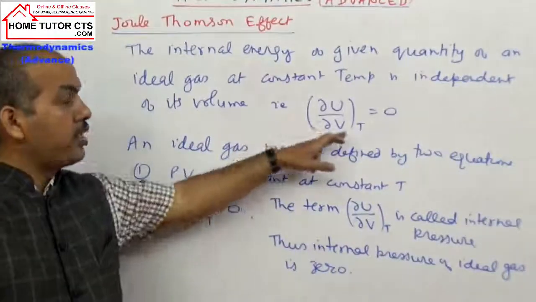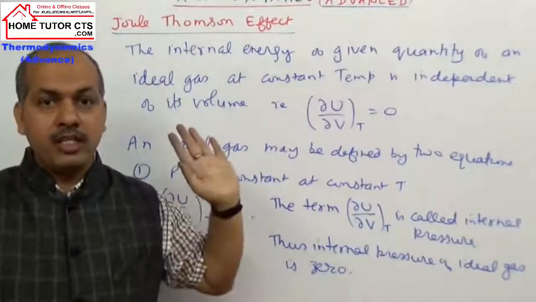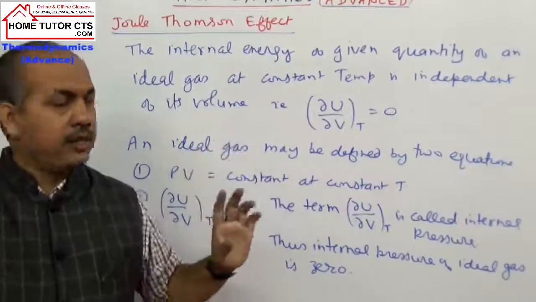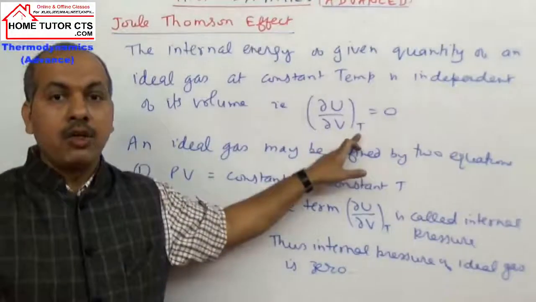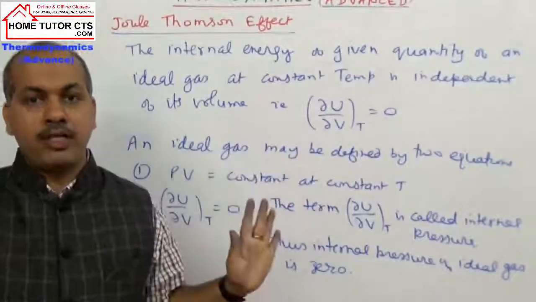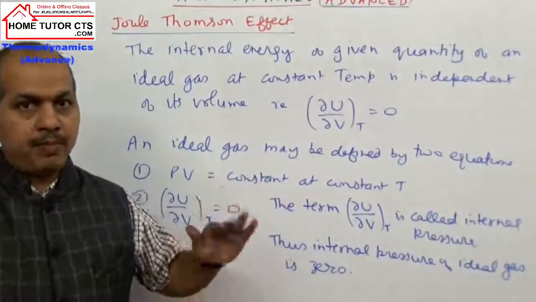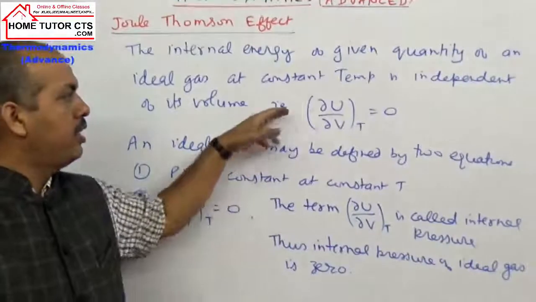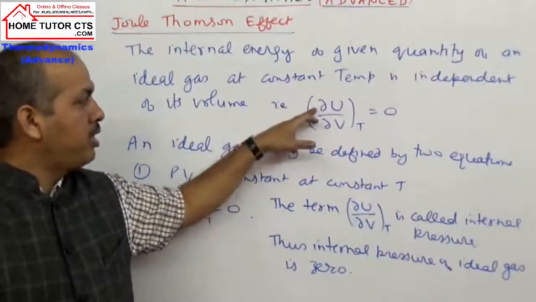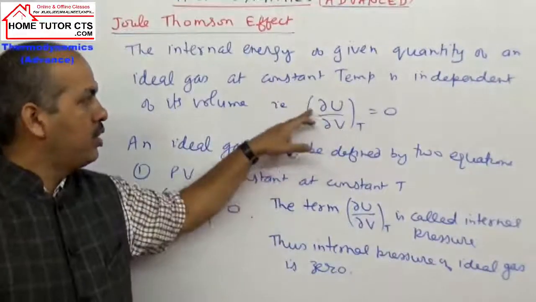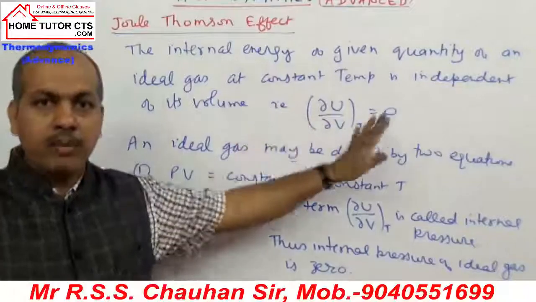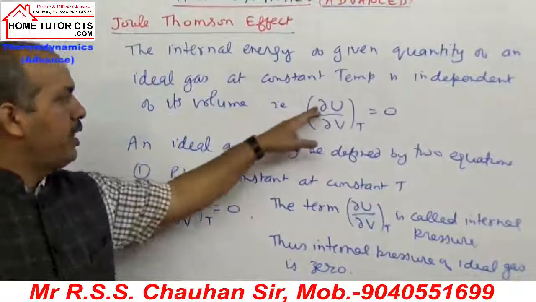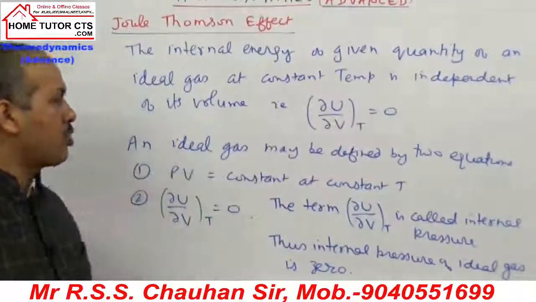So when we have constant temperature, when the volume changes, that does not affect the gas's internal energy. In what conditions? Constant temperature, isothermal conditions. So for an ideal gas, when the temperature is constant, the term del U by del V is not changing, it will remain constant. So we can take this value as 0. Del U by del V is 0 at constant temperature.